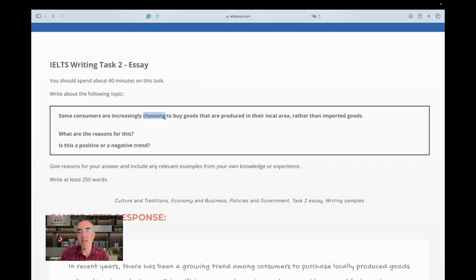What is it? It's that people buy locally produced goods. So instead of buying meat from a South American country, they prefer the meat that is produced 10 kilometers away from their city. That's one idea.